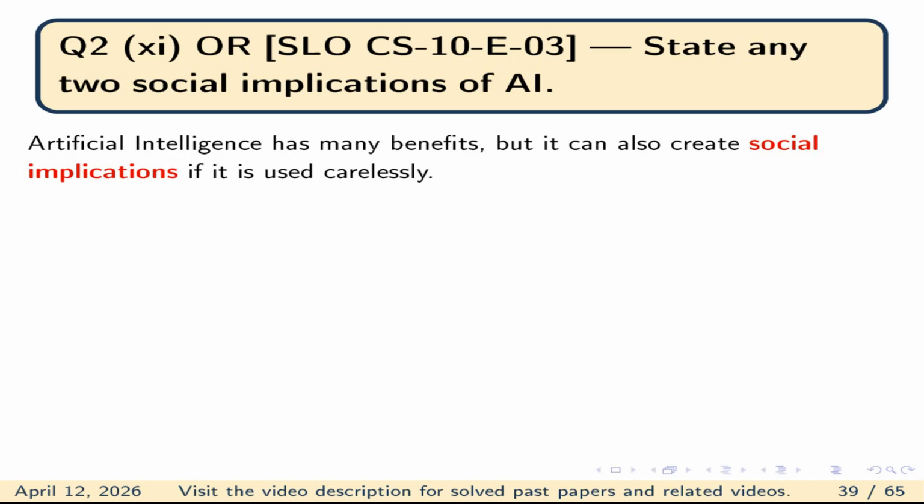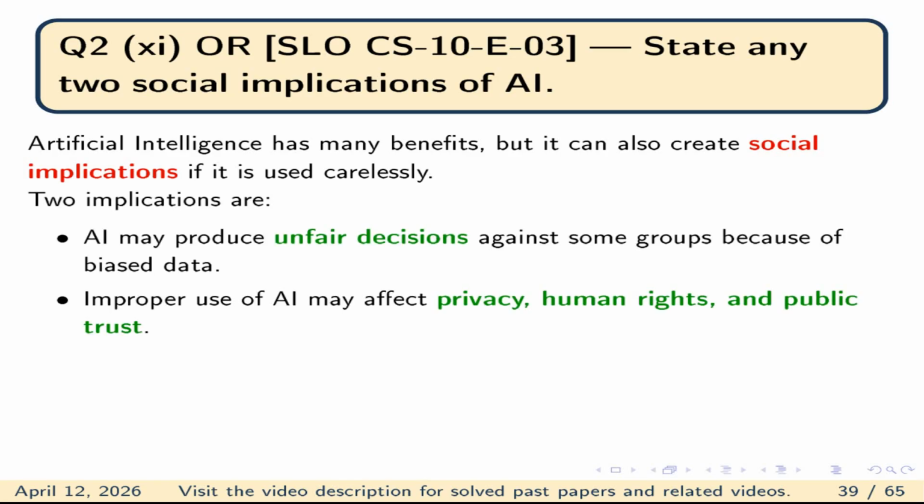Alternate part: state any two social implications of AI. Artificial intelligence has many benefits, but it can also create social implications if it is used carelessly. Two implications are: AI may produce unfair decisions against some groups because of biased data.